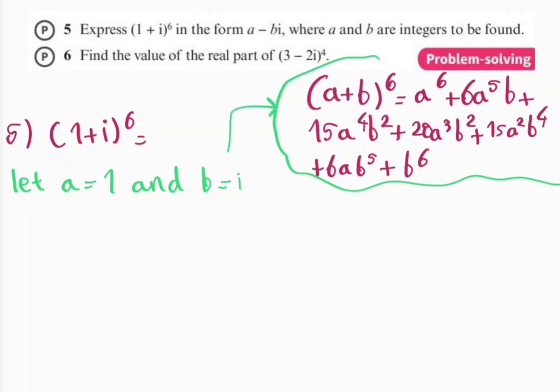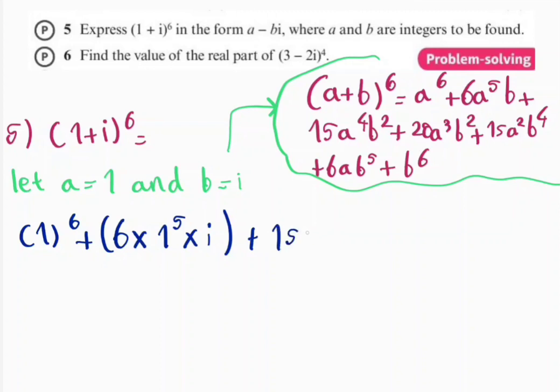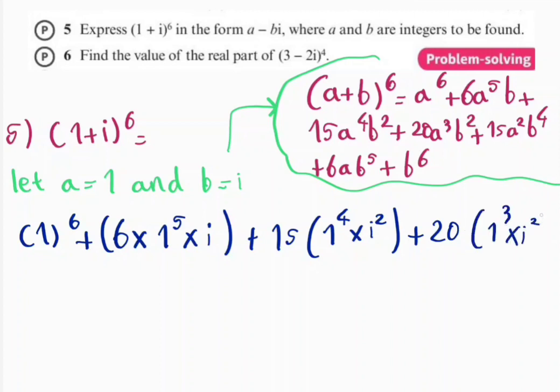So we are going to have 1^6 + 6 times 1^5 times i + 15 times 1^4 times i^2 + 20 times 1^3 times i^2.